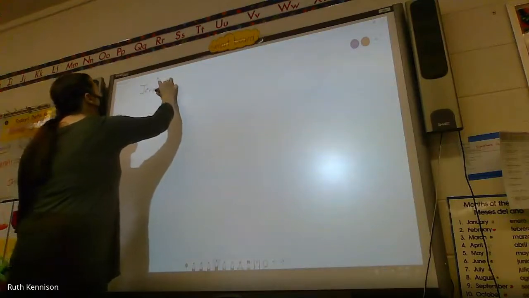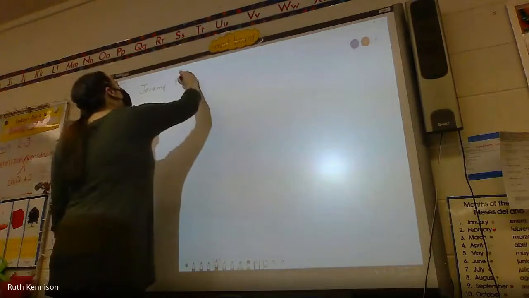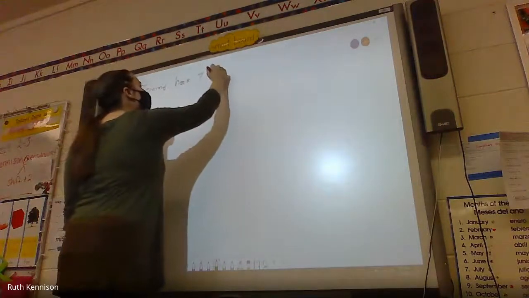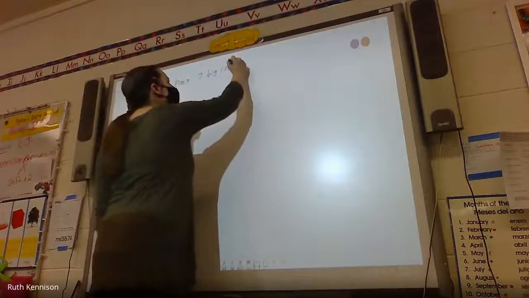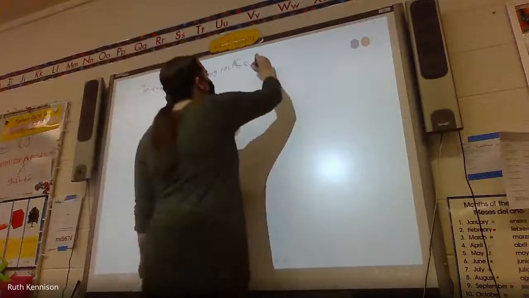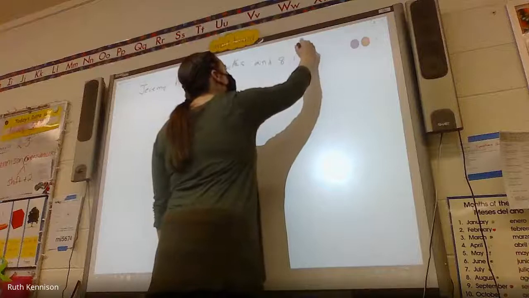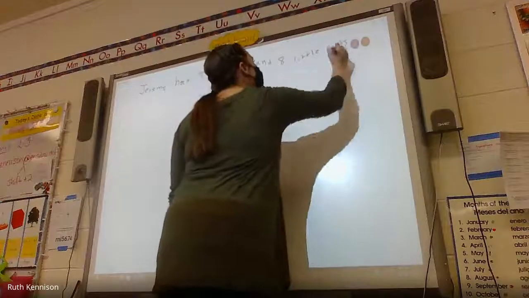So the story is Jeremy has 7 big rocks and 8 little rocks.